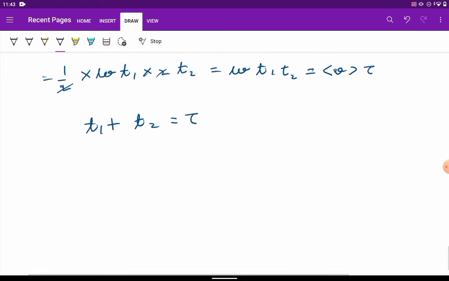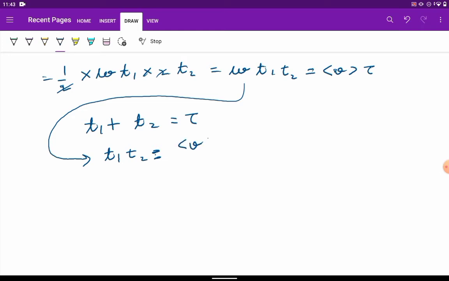Okay, and T1 T2, basically from here T1 T2 gives you the average velocity, magnitude of average velocity V tau by W.